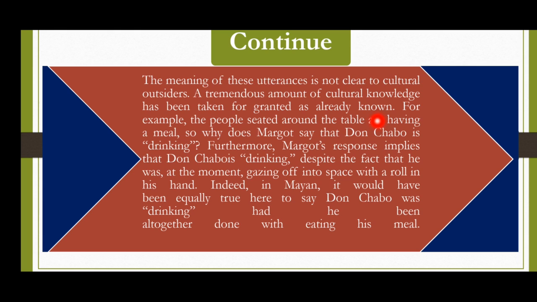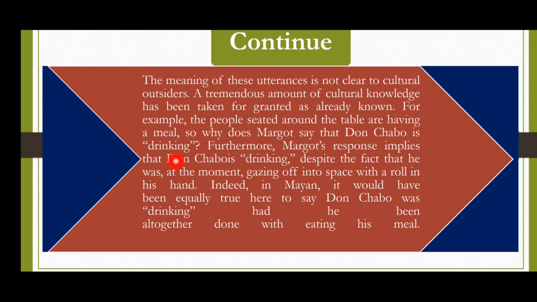So whenever we communicate with someone, we take for granted that our listener will understand whatever we say. For example, the people seated around the table are having a meal. So why does Margaret say that Don Chebu is drinking? That's a question. When they are having a meal, why doesn't Margaret say that Don Chebu is taking a meal?